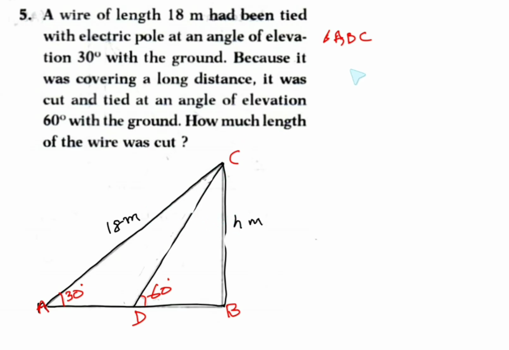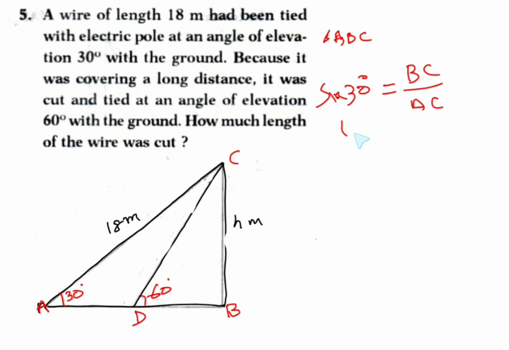These two are useful to find the value. We need to find BC, and we know AC. What is BC by AC? That is opposite side by hypotenuse, which is called sin 30 degrees. So sin 30 equal to BC by AC.